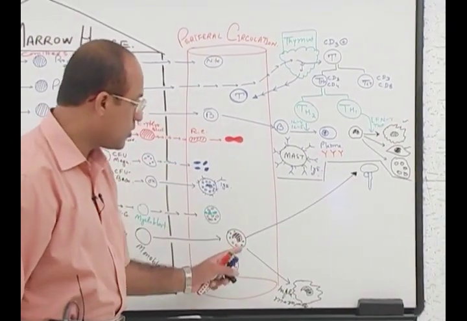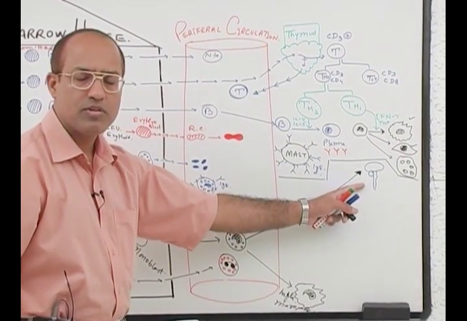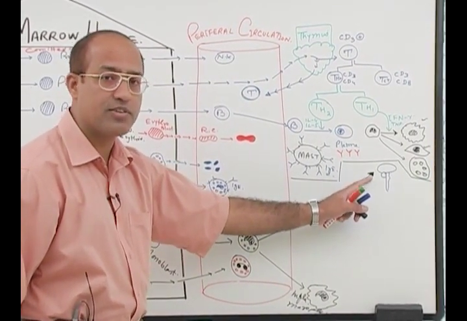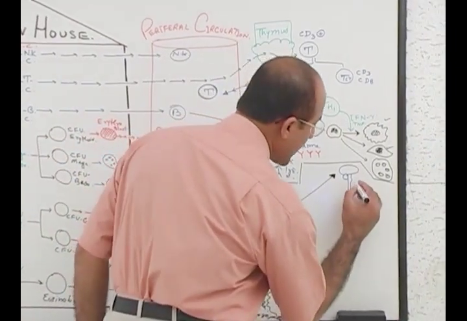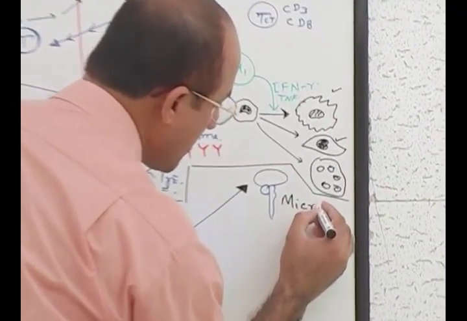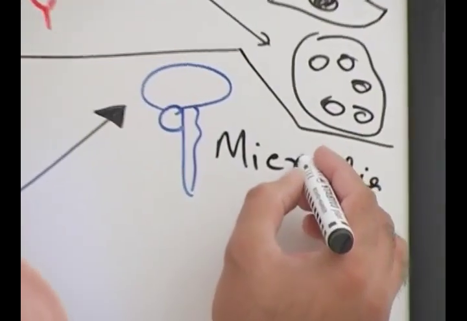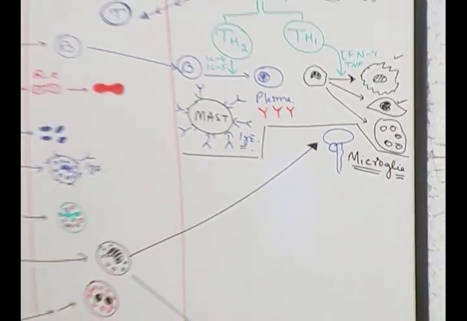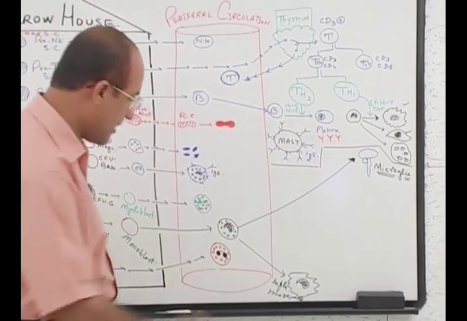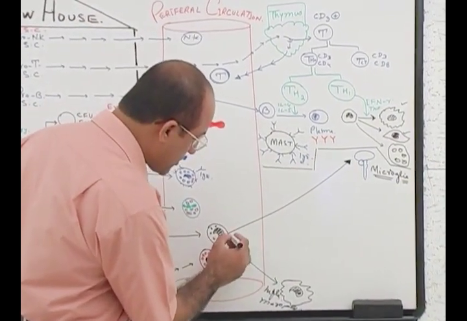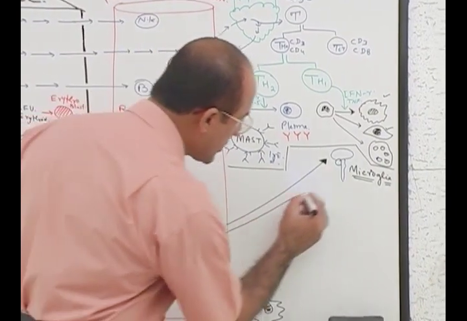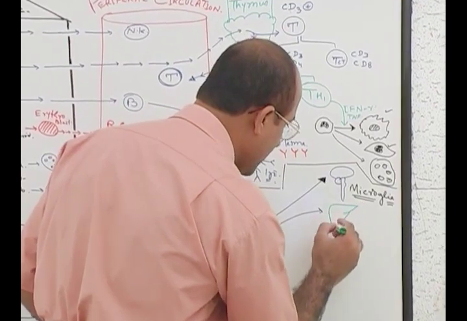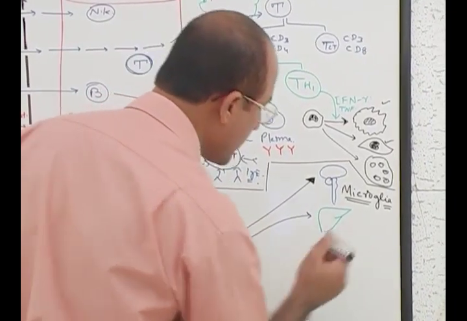These macrophages which are permanent residents of the central nervous system are called microglia. You know that this is one of the types of glial cells in the central nervous system. Then some of these cells shift to the liver. And when they shift to the liver, these cells are called, yes, Kupffer cells.